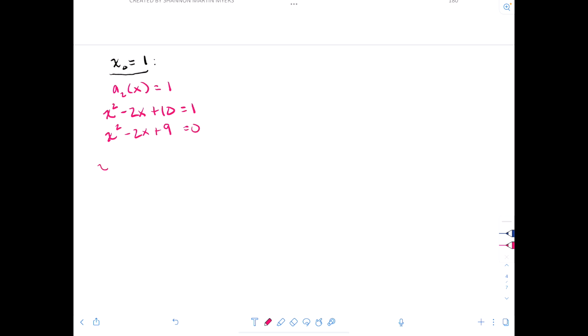And then again, solving, we'll have x equals the opposite of negative 2 plus or minus the square root of negative 2 squared minus 4 times 1 times 9, all over 2 times 1. So x will be 2 plus or minus the square root of negative 32 over 2.